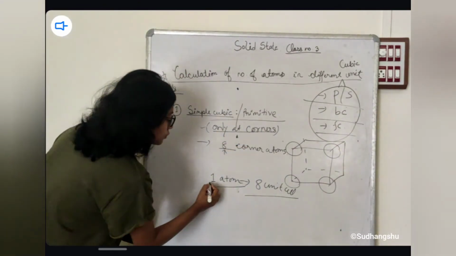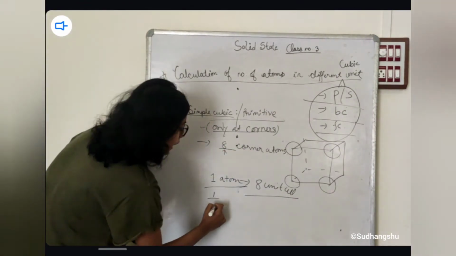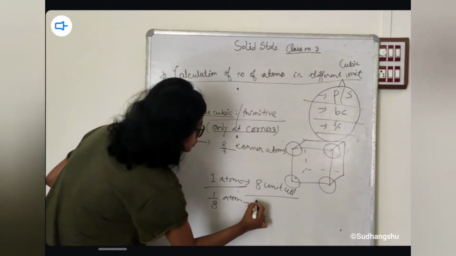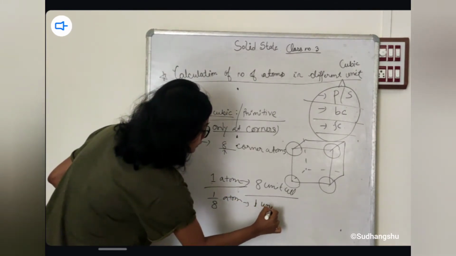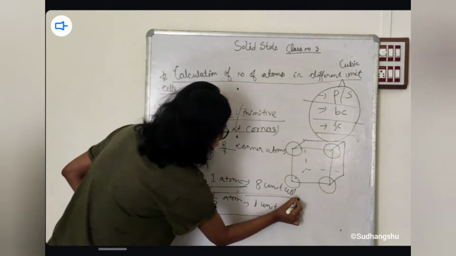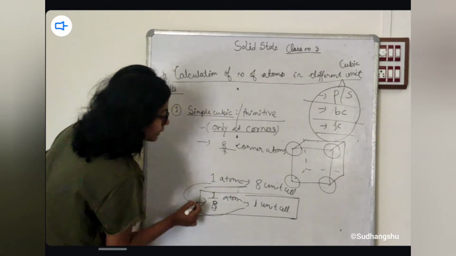As a result, one corner will contribute 1 by 8 atom to one unit cell. So one corner atom will contribute 1 by 8 atom to one unit cell.